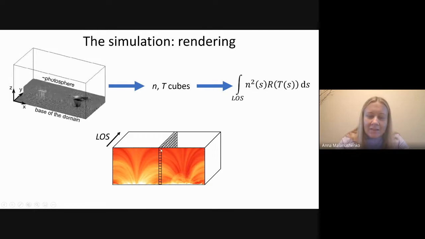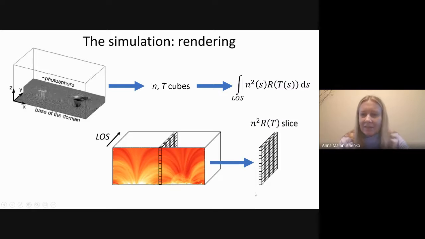That is to say, the intensity in this vertical column of pixels on the simulated active region image is basically the result of the horizontal, in this case, integral of rows of pixels in the volume. So let's take a look at the slice of this integrand, or volumetric emissivity, and see what it has.